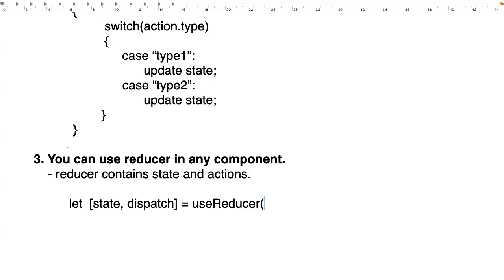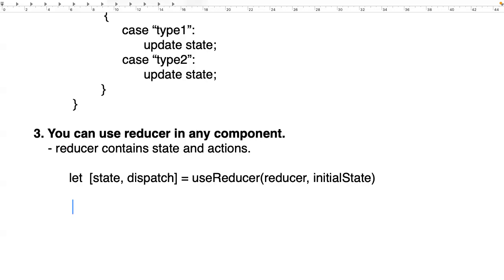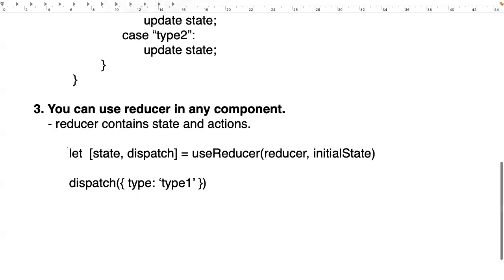Use reducer. It uses the reducer function and it uses the initial state. Now we can dispatch. We can dispatch type and we can use type 1 or type 2. In the component we can dispatch.